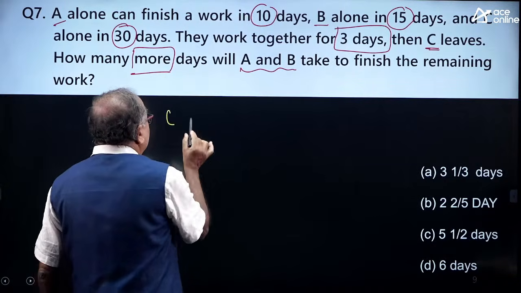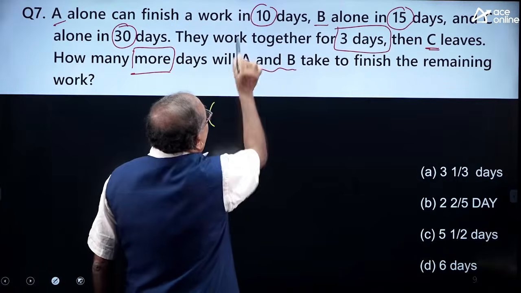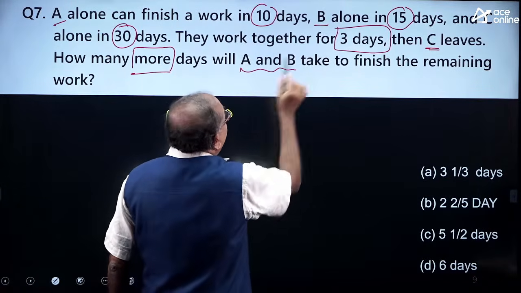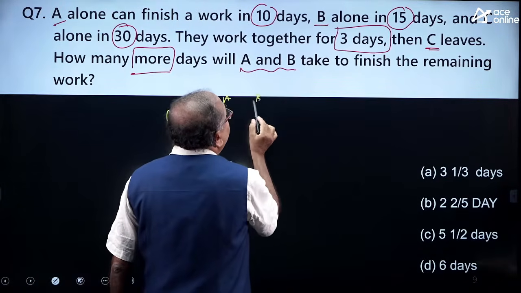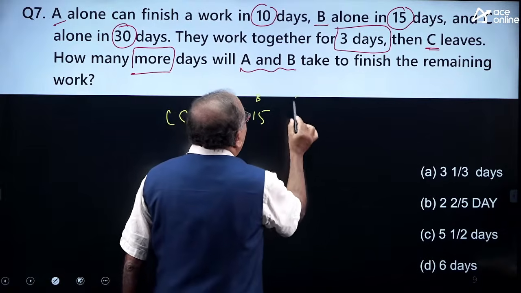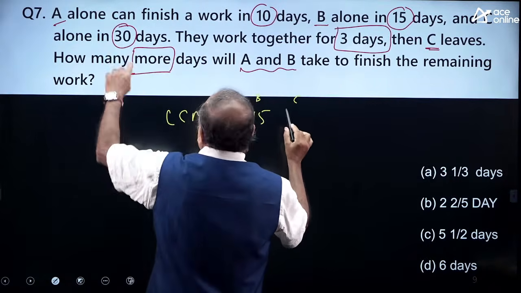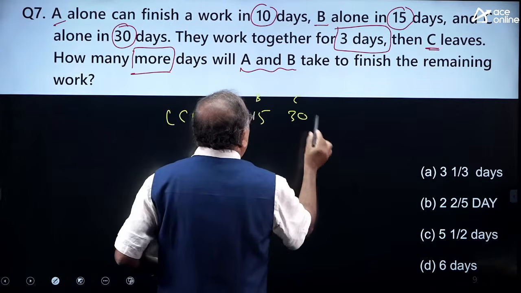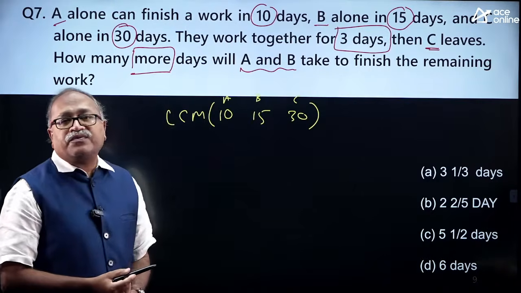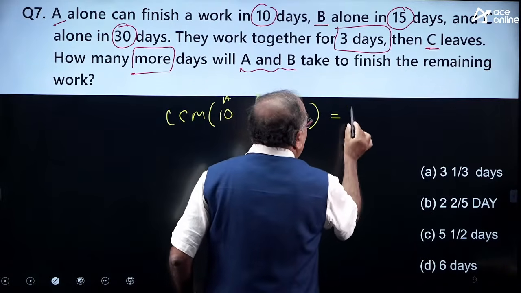So we take the LCM over here. The LCM of their number of days: A takes 10 days, B takes 15 days, and C takes 30 days. So I will take the LCM of 10, 15 and 30, which is nothing but 30.